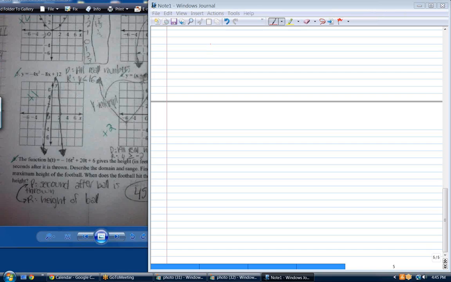Okay, if I look at my standard equation of a parabola in vertex format, does this look familiar? Yeah. Okay. Well, this is very similar to y equal x squared.